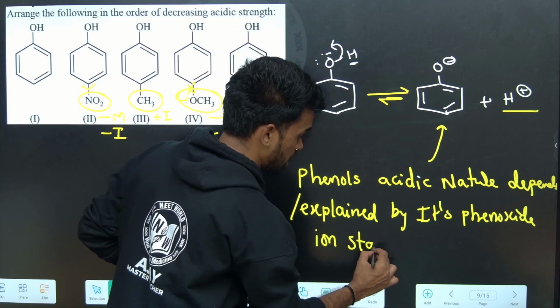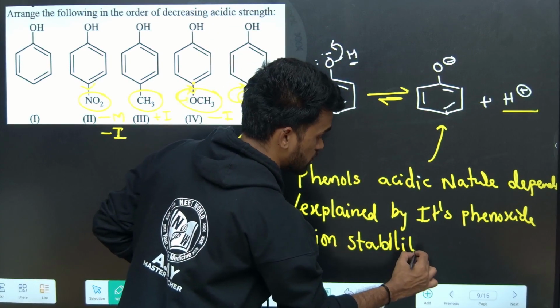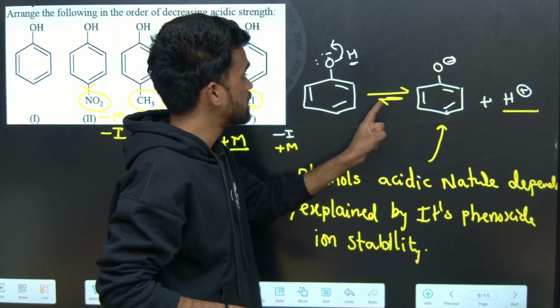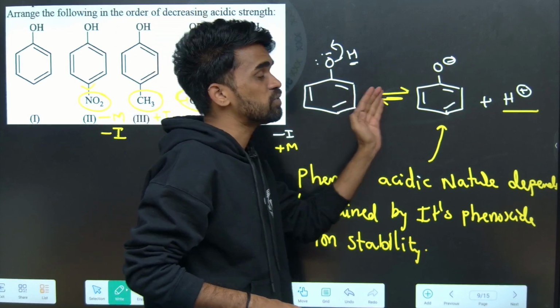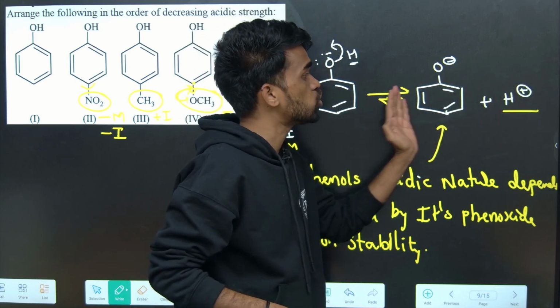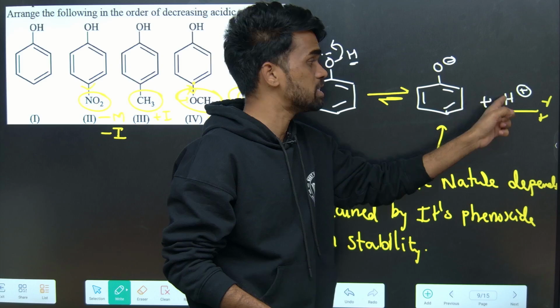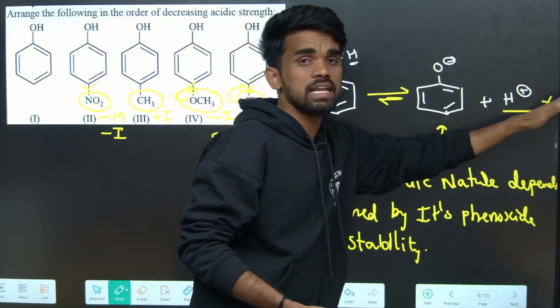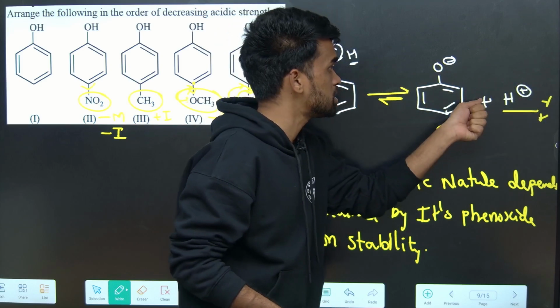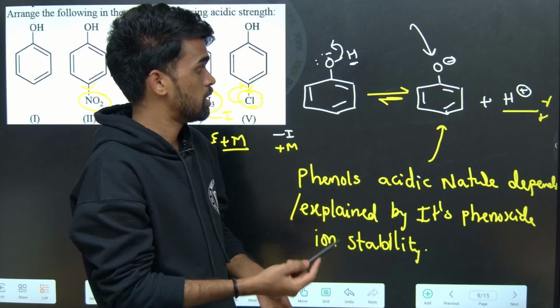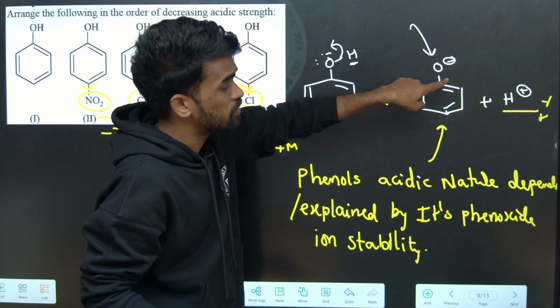I will explain very clearly, don't worry, just hold on for some time. Phenoxide ion stability. If this phenoxide ion is more stable, this equilibrium will shift forward. It means it will show more acidic nature. The ease of release of H plus ion will be more when the equilibrium moves this side, when the phenoxide ion is more stable. So we need to check the stability of this phenoxide ion.